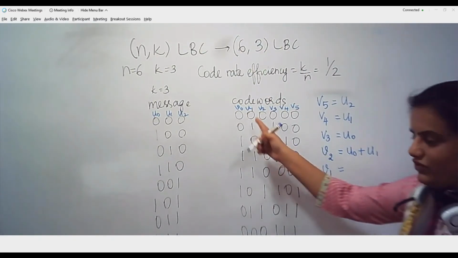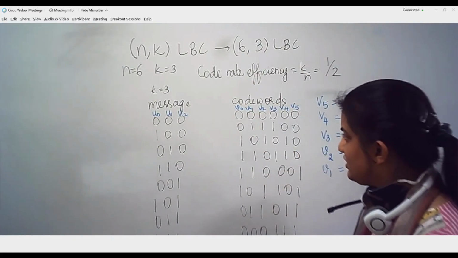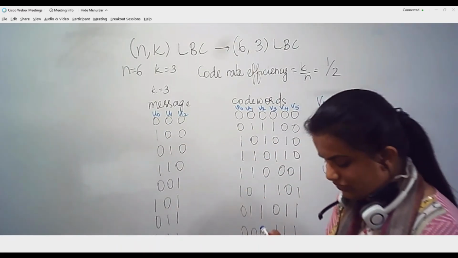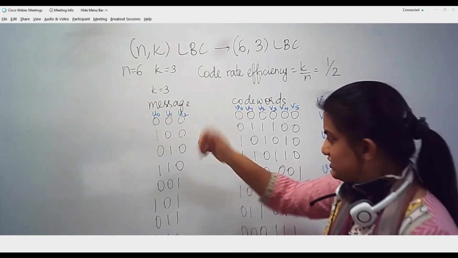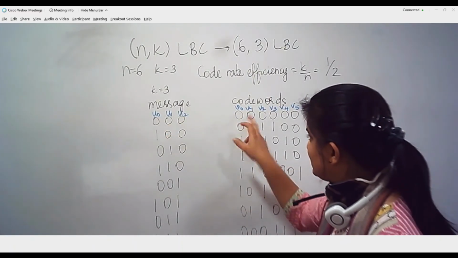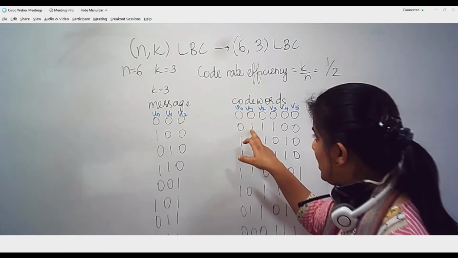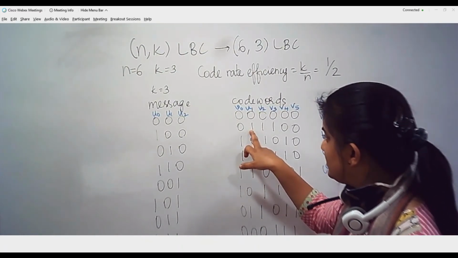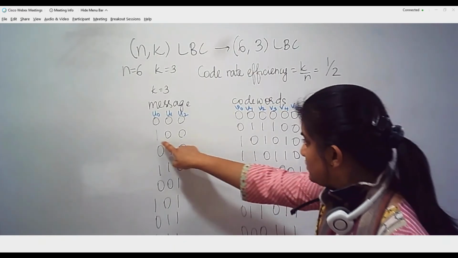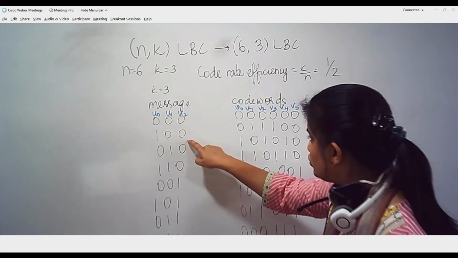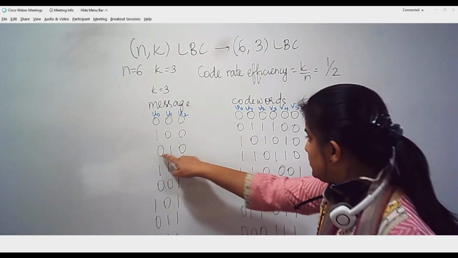Similarly, if you consider V1, it will be the combination of any of the 3 bits or 2 bits considered together. Let us leave the 0th combination. I will take the second combination, which is giving me 1. So U0 and U2 are giving me 1, 0, 0.